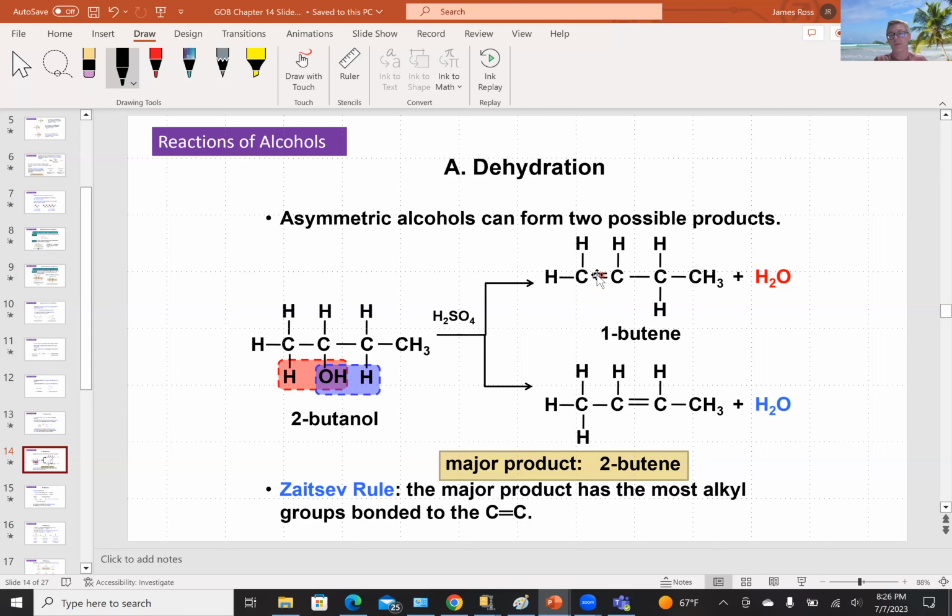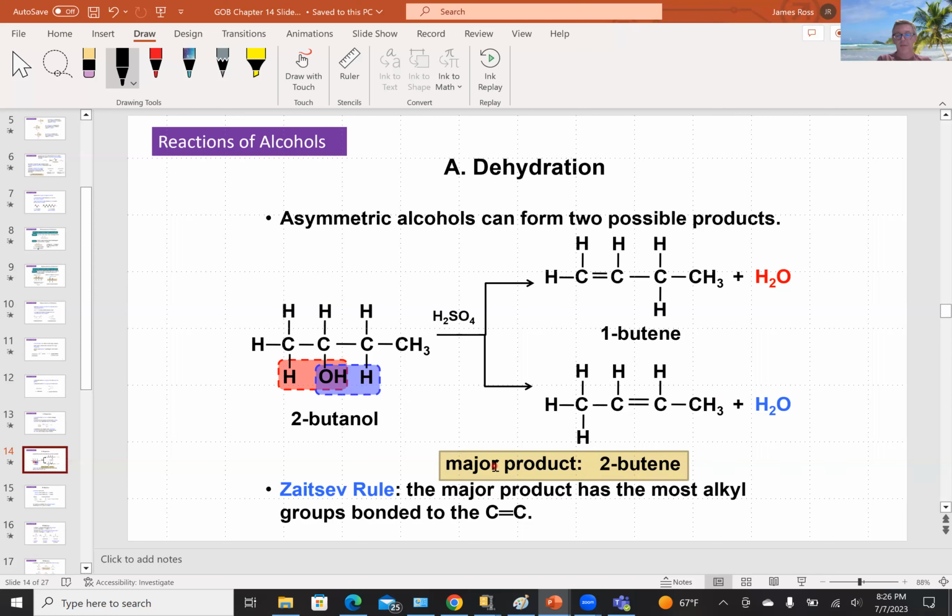So we'd have the double bond here. Or highlighted in blue, we've got another OH and an H option, and we would therefore form the bond between carbons 2 and 3. So we've got two possibilities. Do we lose the red water or the blue water? Well, we try the experiment and we observe that exclusively we form 2-butene, which is this structure here.